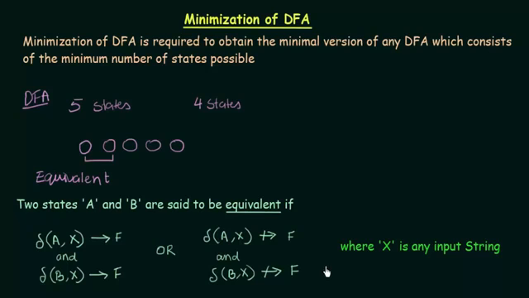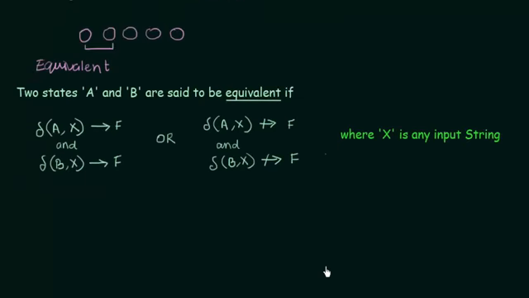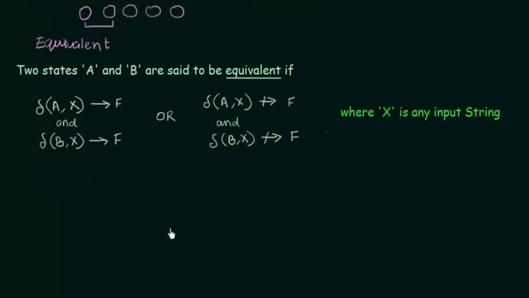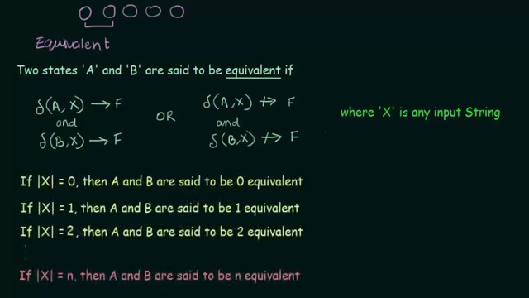Now what we have to study is types of equivalence. There are different kinds of equivalences like 0 equivalence, 1 equivalence, 2 equivalence, and so on. If the length of the string x, here we have taken x as any input string, is 0, then A and B are said to be 0 equivalent.